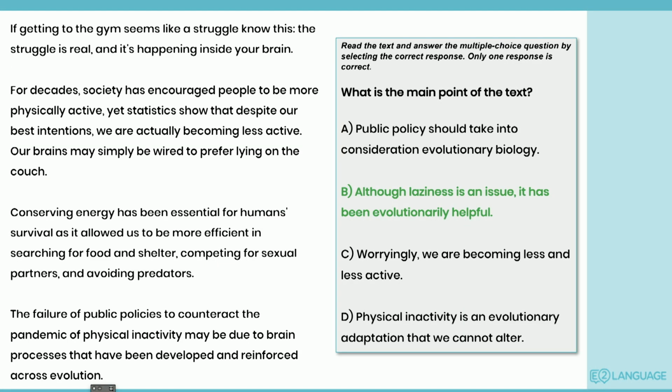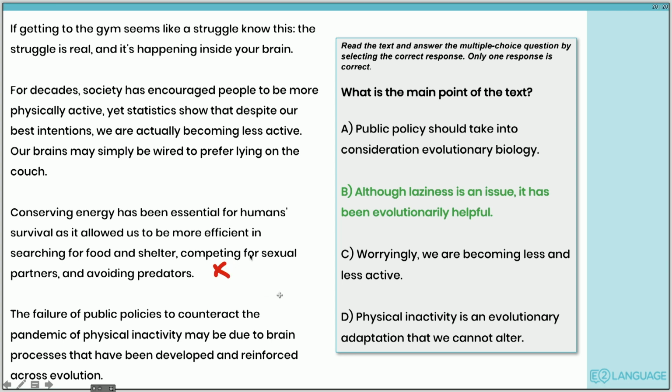The main point of the text is that although laziness is an issue, it has been evolutionarily helpful. That comes particularly from the third paragraph here, where it really quite says that. It's not A. Public policy should take into consideration evolutionary biology is not the main point of the text.